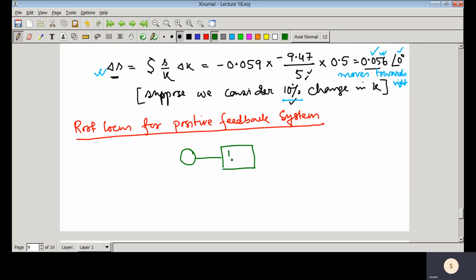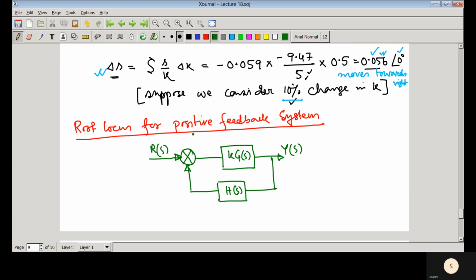So let us first consider the closed loop control system, that is K of G of s, and here you have H of s, and this is Y of s. Here this is the command input, and you can see this is the positive feedback, and here the parameter K is varying, with positive feedback.